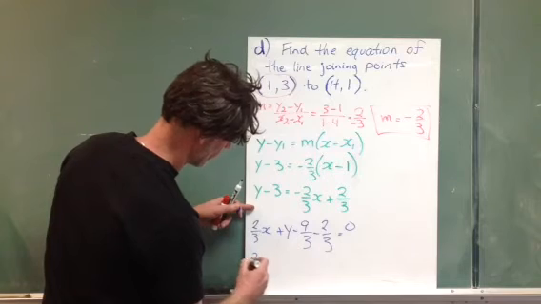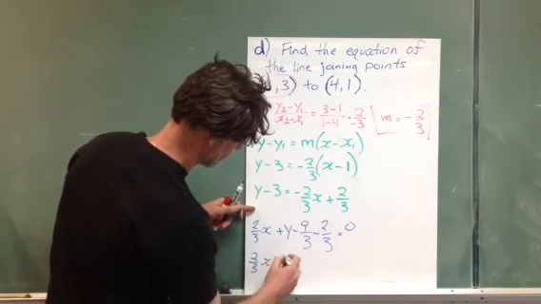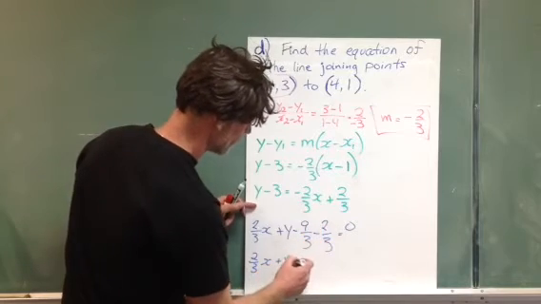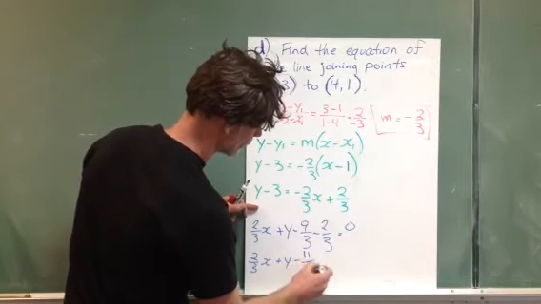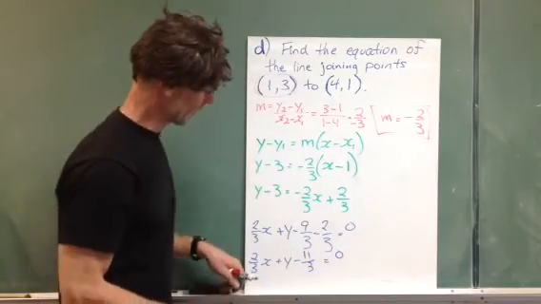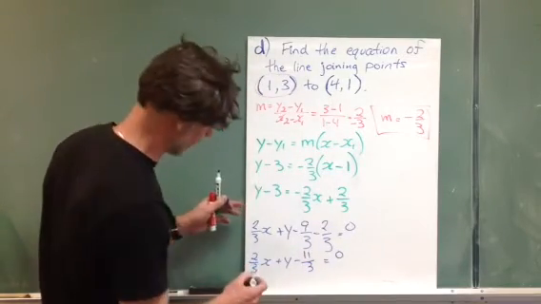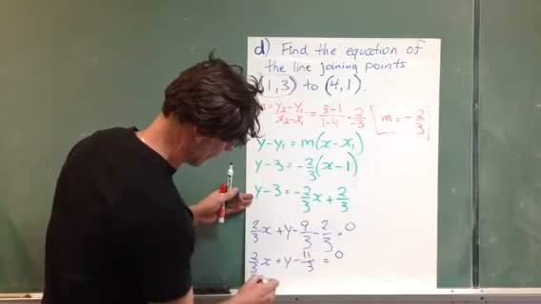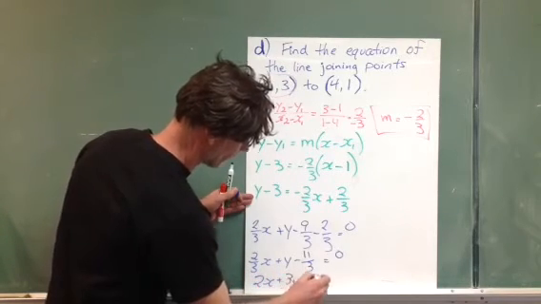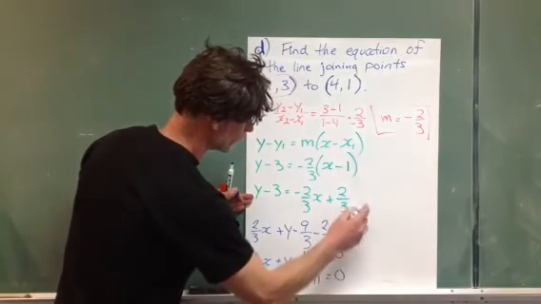So that's 2/3 x plus y. Negative 9/3 and negative 2/3 is negative 11/3. And now I'm going to multiply all my terms by 3 to get rid of the denominators, because I don't want those in general form. So now I have 2x plus 3y minus 11 equals 0.